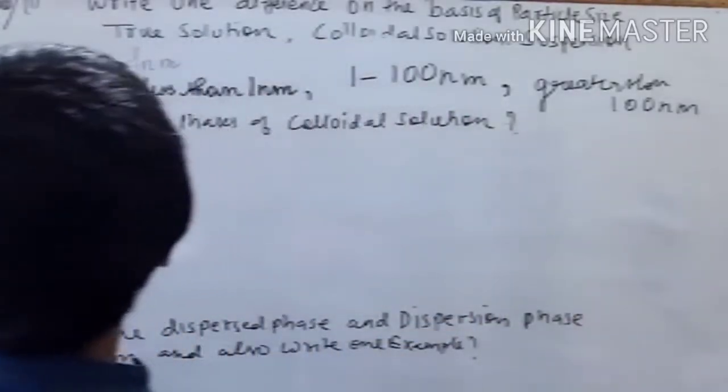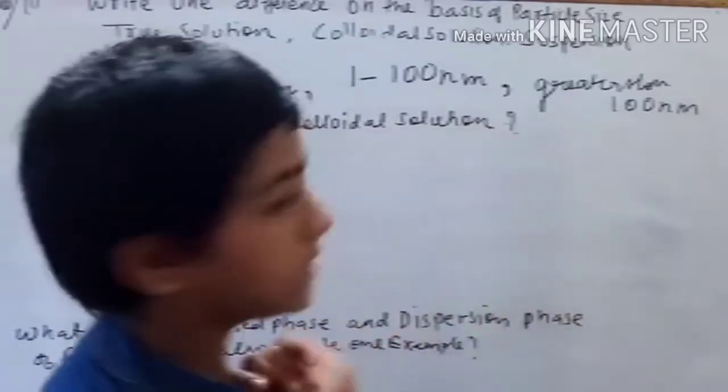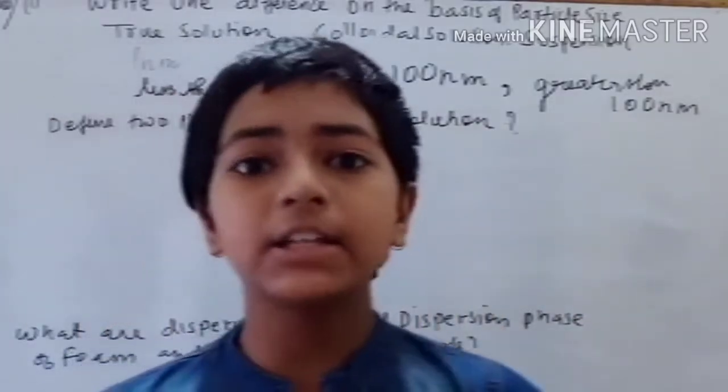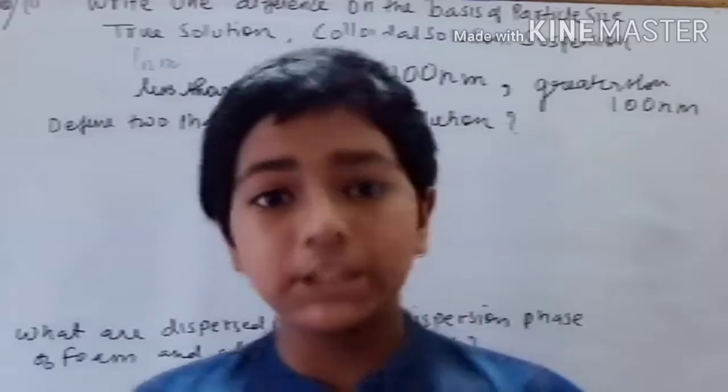Next is, define the 2 phases of colloidal solution. The 2 phases are dispersed phase and dispersion medium. What is a dispersed phase?